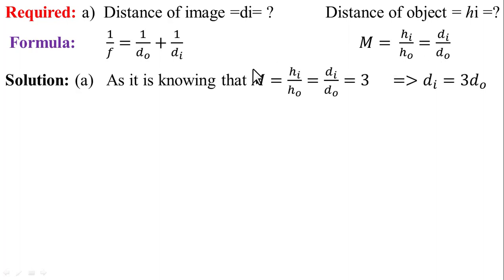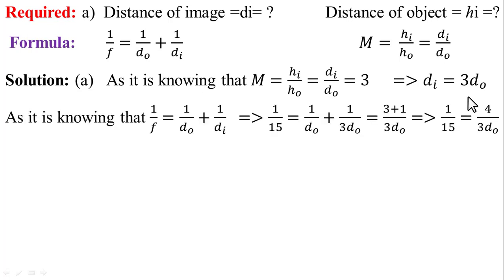Now, as we know m is equal to 3, then di is equal to 3d naught.